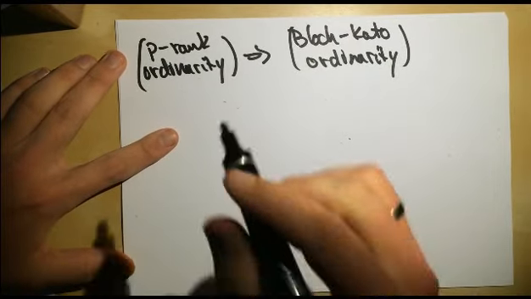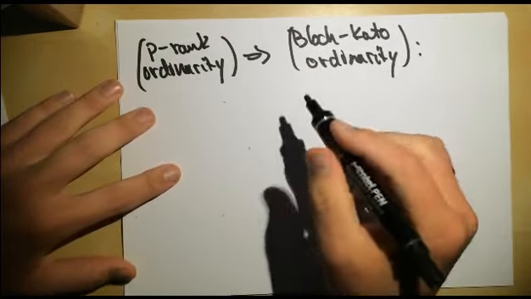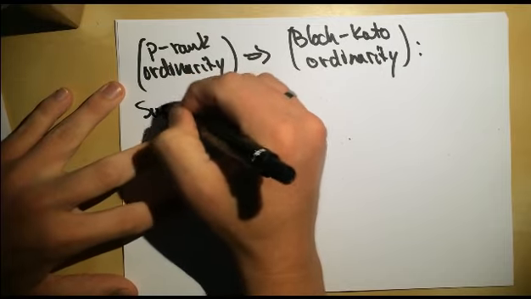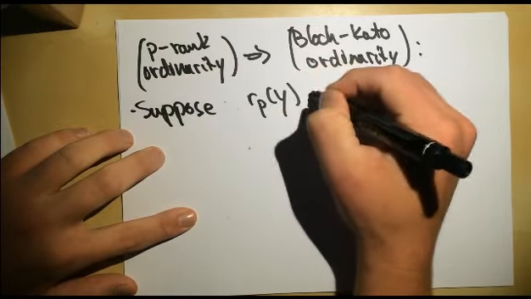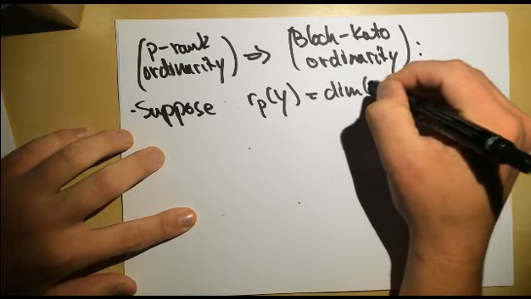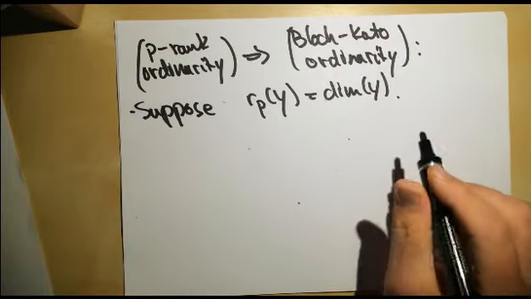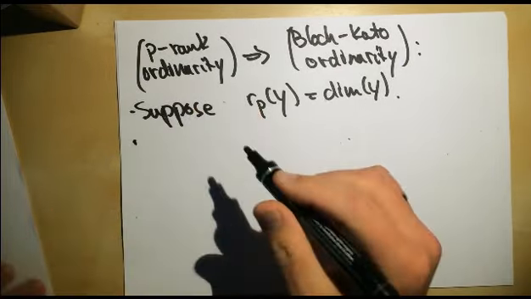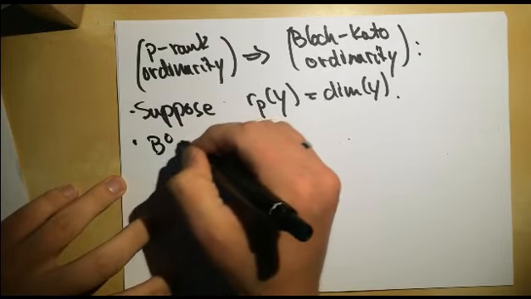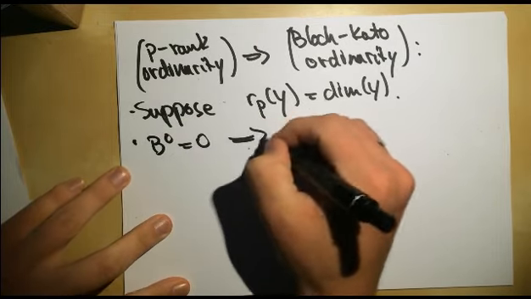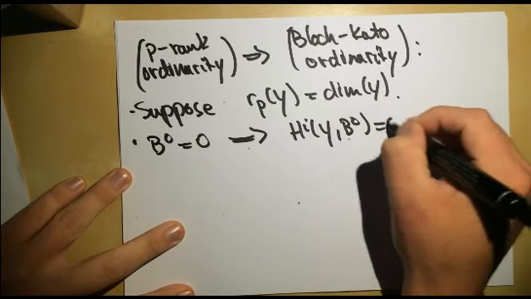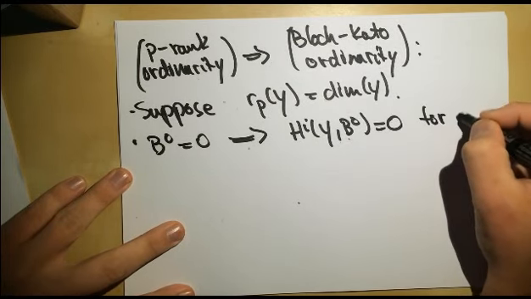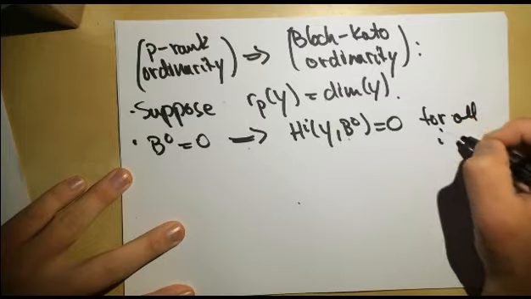Okay, so suppose the p-rank of this abelian variety is the dimension, and then we get for free, since B0 is 0, this implies that H^i of Y of B0 is 0 for all Y, so for all i.